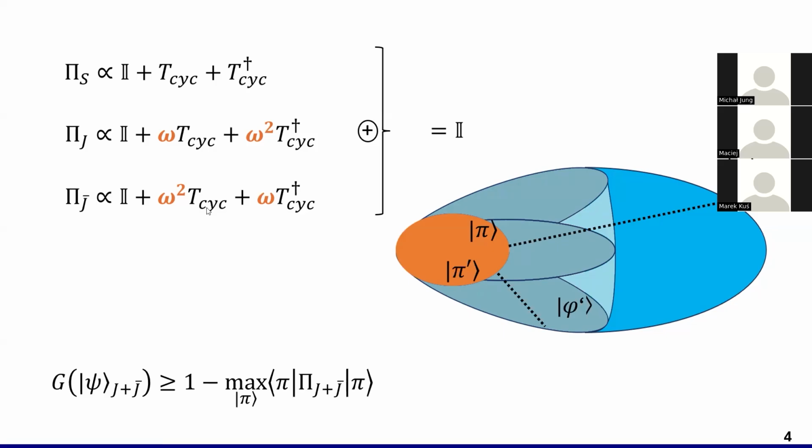And then one can show that this is the same as taking the minimum expectation value of the symmetric projector, which we can do because all these projectors sum up to the identity.